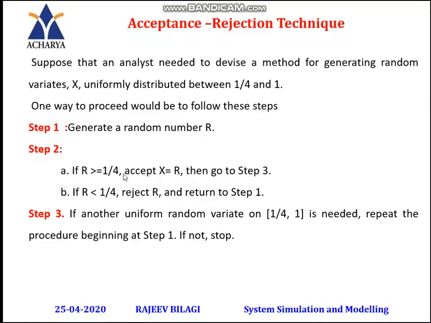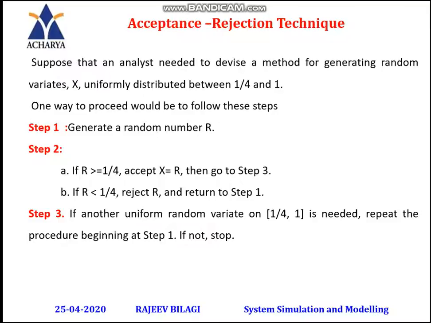If it is accepted and you want to generate one more random variate, you go ahead with step 3: if a random variate is needed, repeat the procedure from step 1. If not, you just stop.